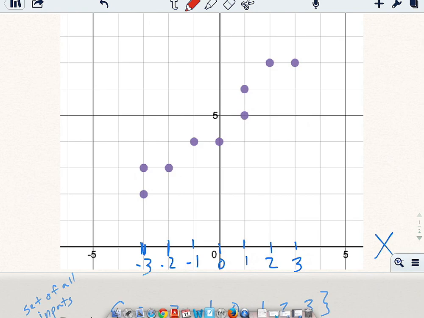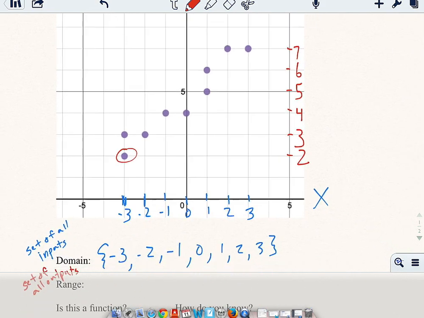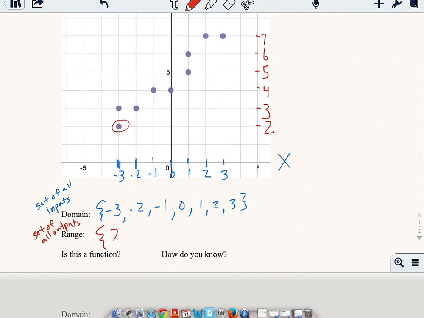So here's one right there, that is at 2. There's more points plotted at 3, 4, 5, 6, and 7. I'm just reading the y values off of this set of points here. And so again, I've created my entire list of the range, and I'm going to list that out in set notation with my braces. So it's going to be 2, 3, 4, 5, 6, and 7.